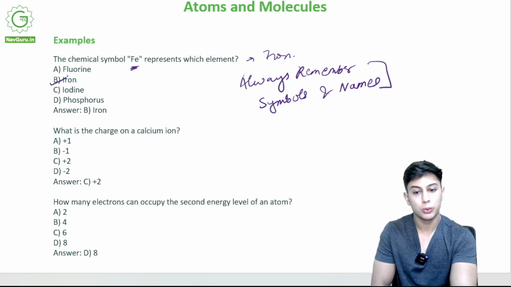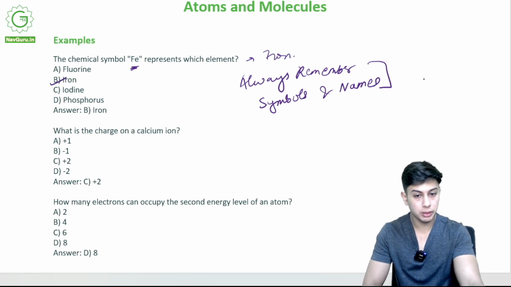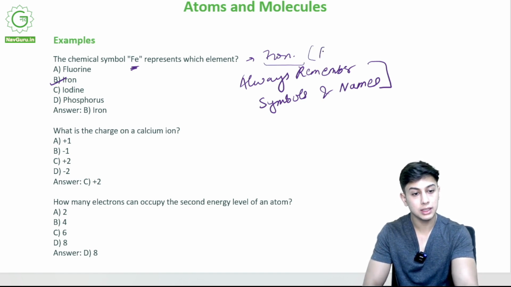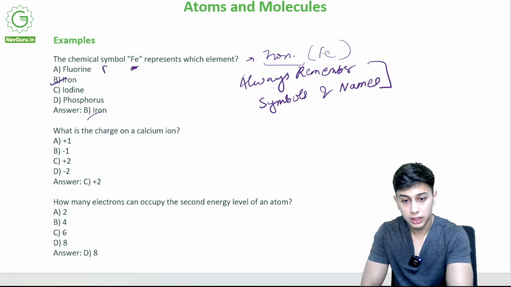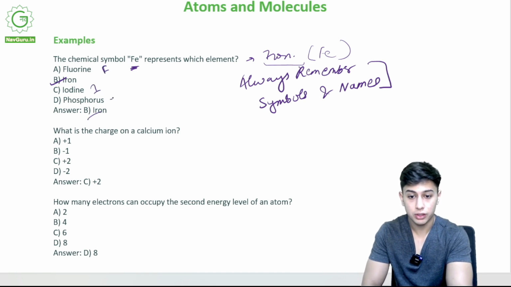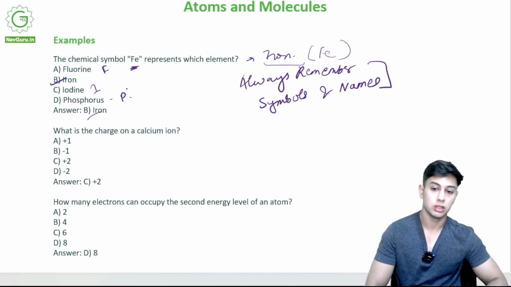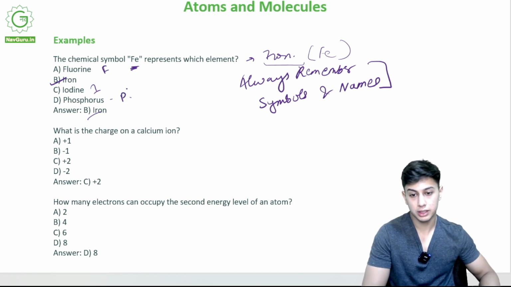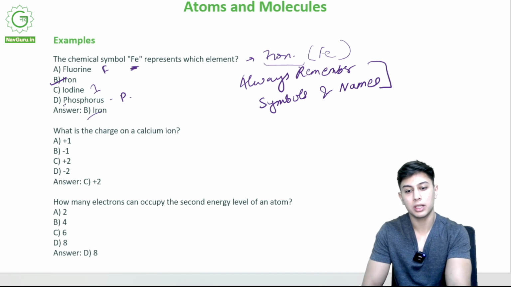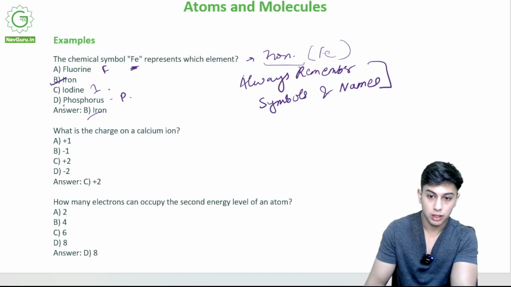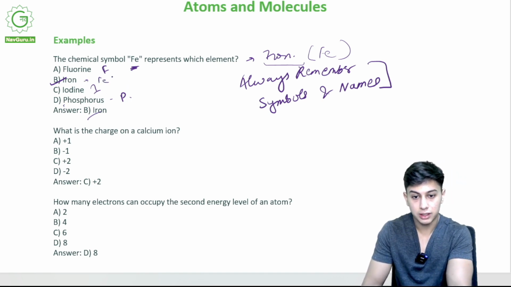You won't be able to solve anything because you don't know what each thing is called, what each thing is represented as. So it is iron. Fluorine is F, iodine is I, phosphorus is P. It's not always the first alphabet. Sometimes it's different. In case of iron, it was Fe. And iodine is I.